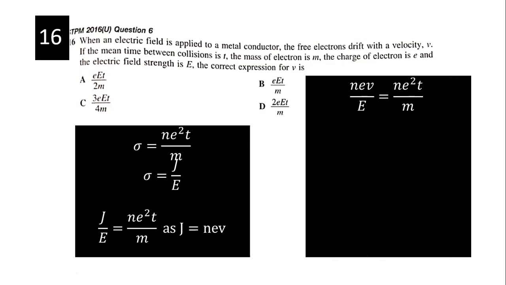You can cancel out the one electron charge e here and here. Cancel the e, the n also can cancel off. So you are left with v, and E can take across there. So it's eEt over m. Okay.